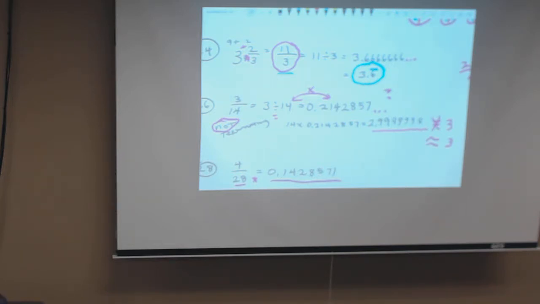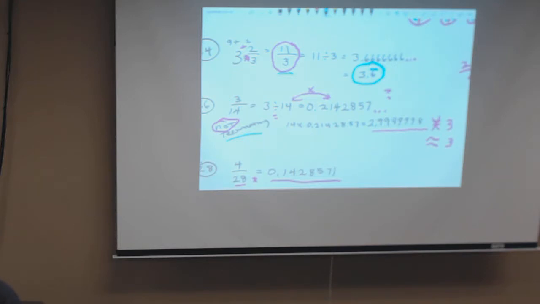Now, how do I know it does not terminate? I take 3, I divide by 14, and it fills the screen up, but I don't see anything repeating. You follow me?